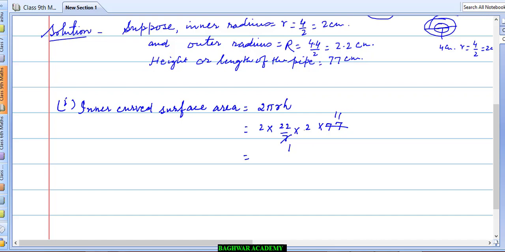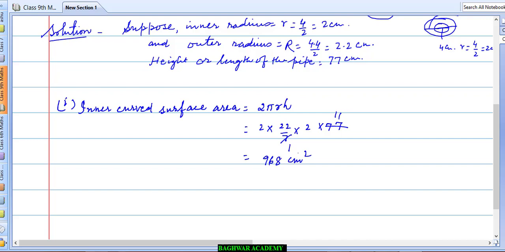So this will be 44 and 88 into 11. So this will come 968 centimeters square. So you have got the inner curved surface area.